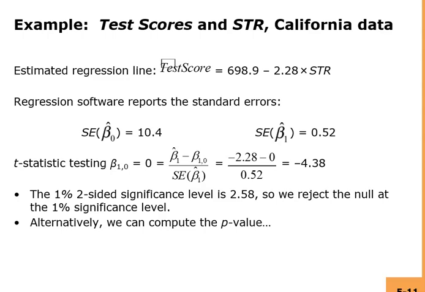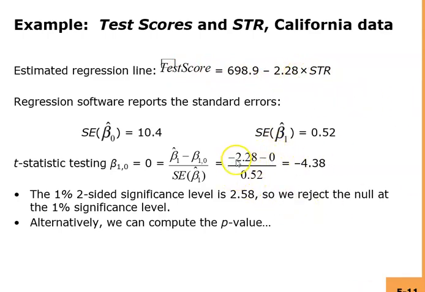Because as researchers, we are mostly interested in rejecting the null hypothesis that there is no relationship between your x and y variables. And no relationship between x and y basically means that the coefficient of STR, when we are regressing test score on STR, will be 0. So that is what we are actually testing for.